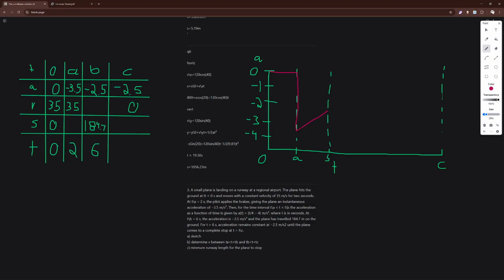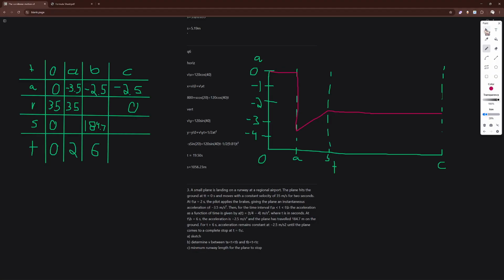And we can check that if we plug in t equals 2 into t over 4 minus 4: we get 1/2 minus 4, which is equal to negative 3.5. Same thing if you plug in 6. 6 over 4 is just 1.5, minus 4, which comes out to negative 2.5, and then it's constant from here. That's your graph. Easily graphed.